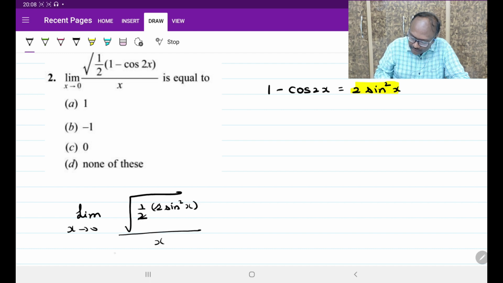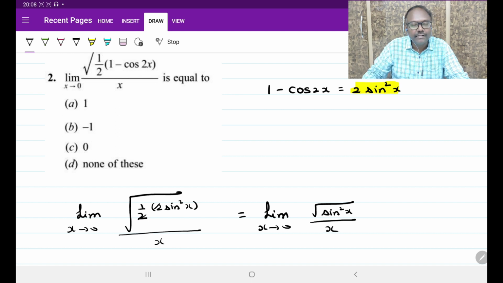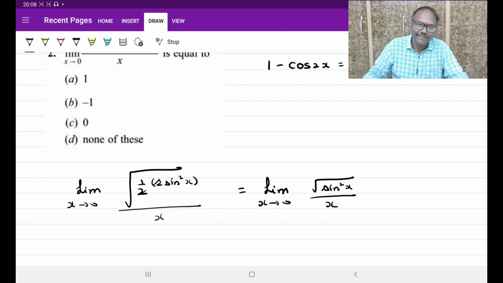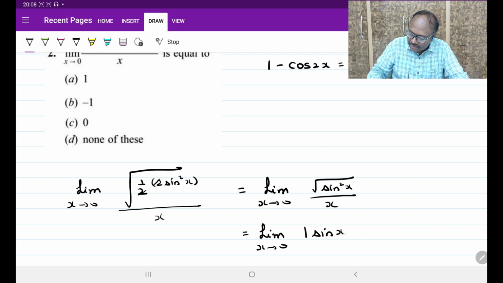So 2 and 2 get cancelled, and we get limit x tends to 0 root over sin square x whole divided by x. Root over sin square x will be equal to modulus of sin x, because we have seen just now that root over x square is mod x. So root over sin square x becomes mod sin x. So we write it as limit x tends to 0 modulus of sin x divided by x.